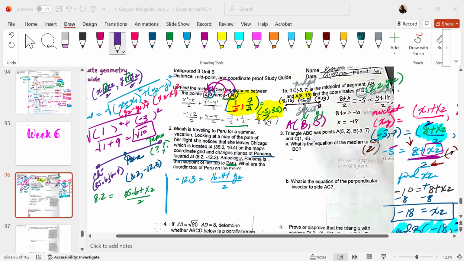Do you understand how this is set up? Pay attention, please.